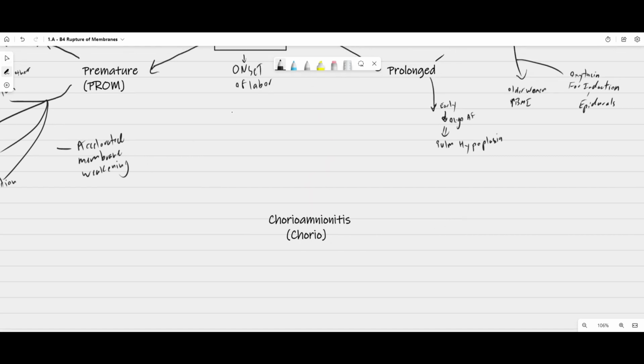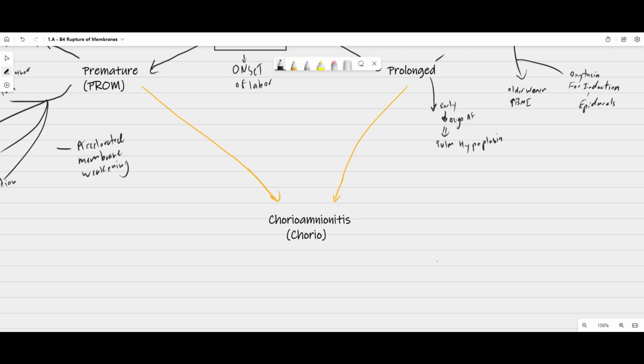So if this happens, it's called chorio. These can all lead to chorio because there's been too long of a time period going on. So it's a potential pathway for bacteria to come in.